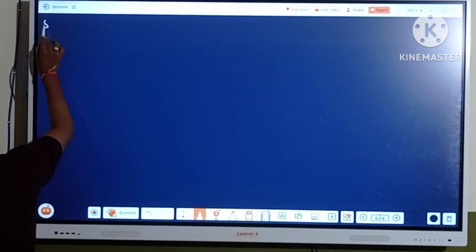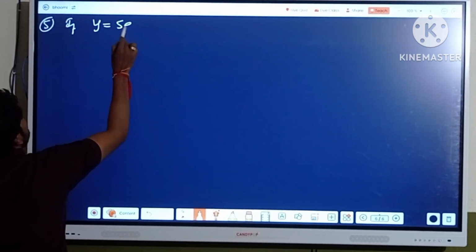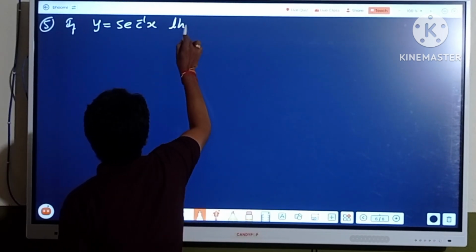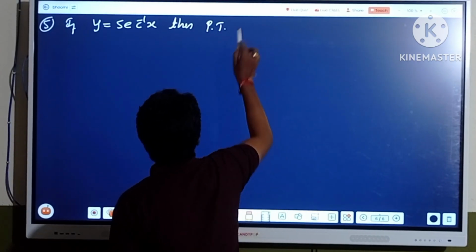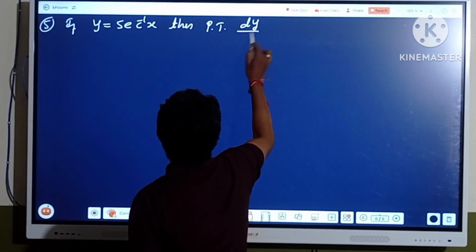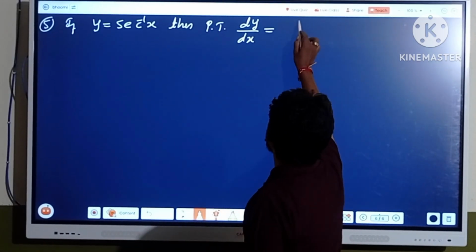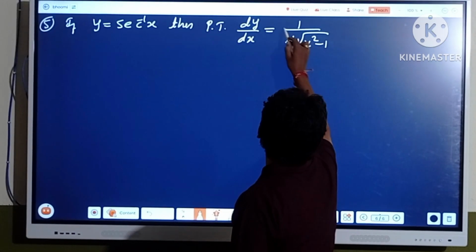The fifth one is, if y is equal to secant inverse x, then prove that dy by dx is equal to 1 divided by x into root x square minus 1.